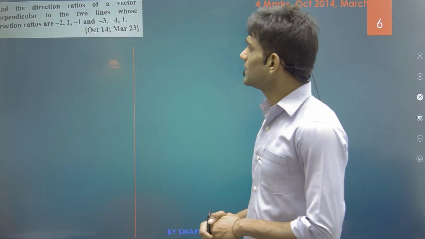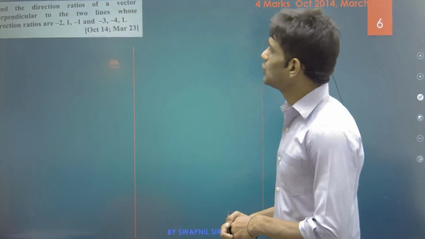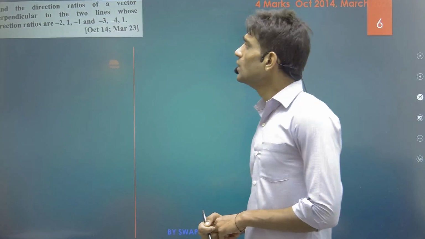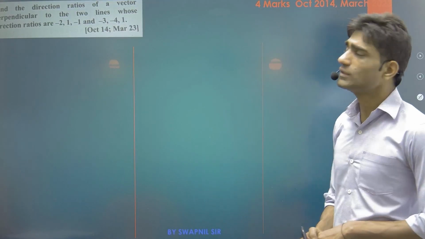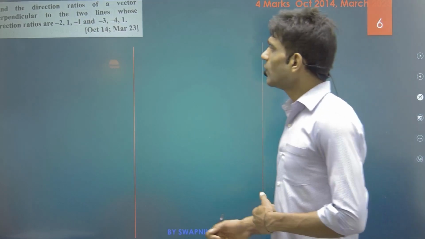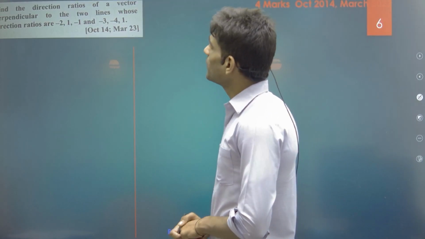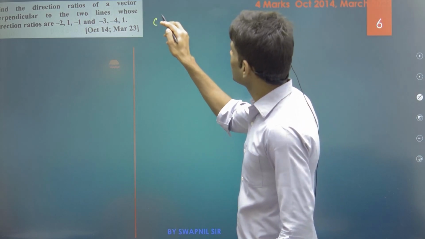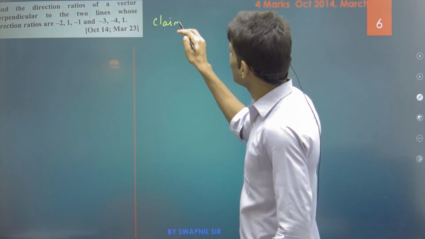In our next example, we have to find the direction ratios of the vector perpendicular to the line whose direction ratios are given. So what we want here is the direction ratios of a vector perpendicular to the line. You all need to understand what we need to find.